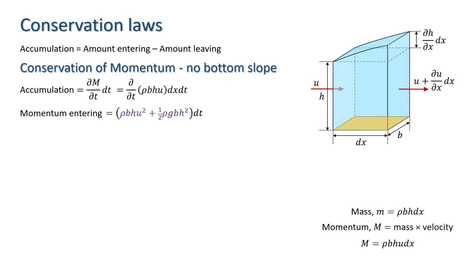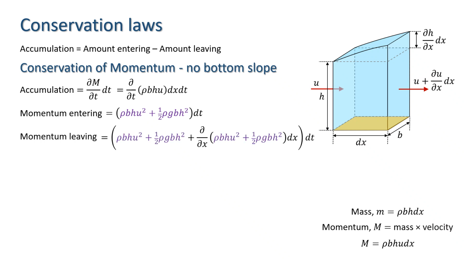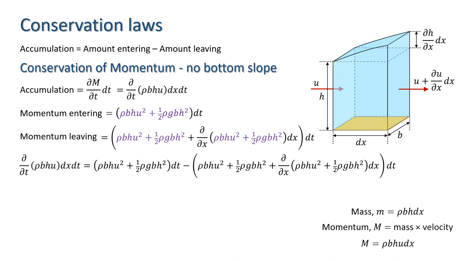Now, as before, we can use this to generate the momentum leaving the control volume, giving us this expression. Equating accumulation in time dt with momentum entering minus momentum leaving, we have this equation.